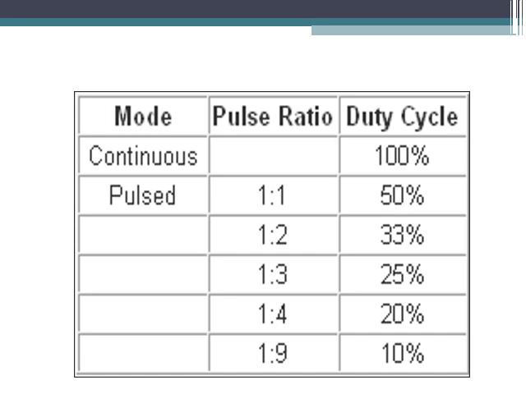But if you select pulse mode with a duty cycle of 50%, then your pulse ratio will be 1:1. So for a total of 5 minutes of treatment, 2.5 minutes is off time and 2.5 minutes is on time where the energy is delivered to the tissue. In the same way we have the options of 1:2, 1:3, 1:4 and 1:9.